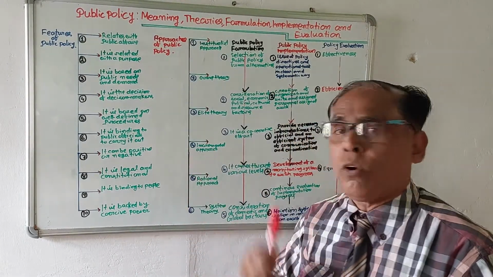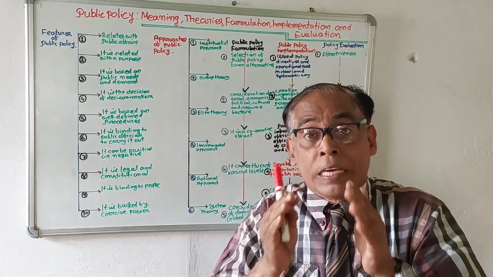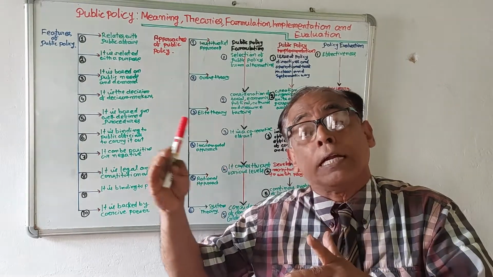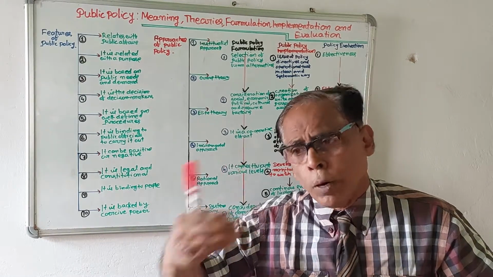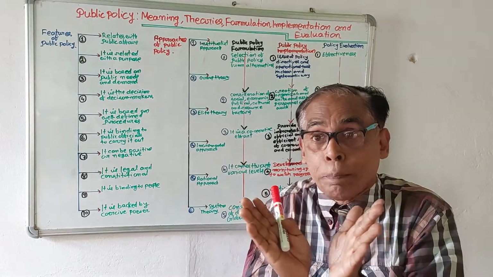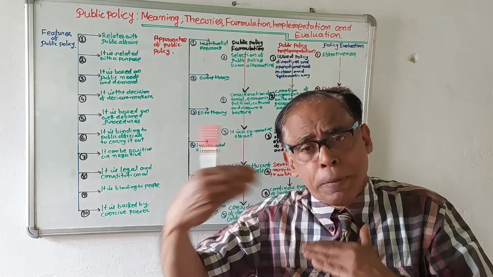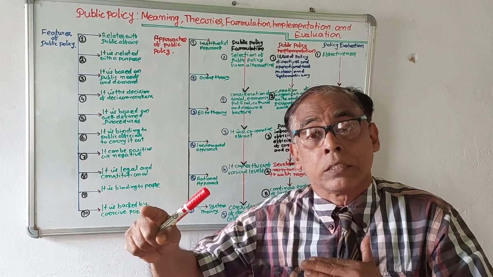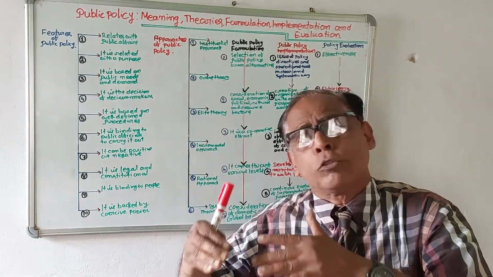And number 4, incremental approach. The incremental approach says that every country has a chain of historical decisions. In the past also, many public policies were made. So whenever a new public policy is made, a look will be taken at the historical decisions of the past, and if possible some additions will be made.